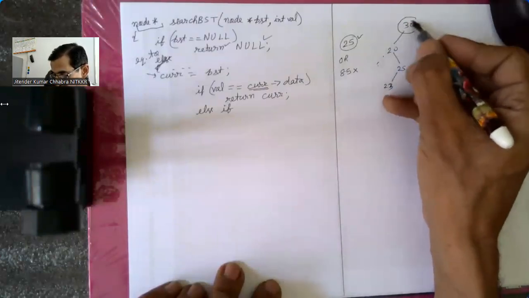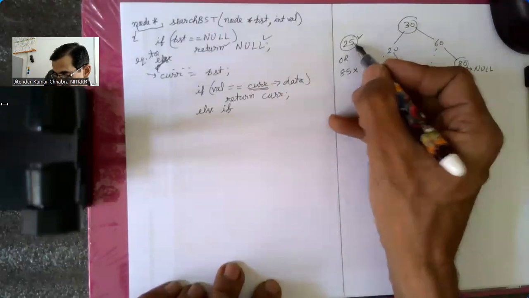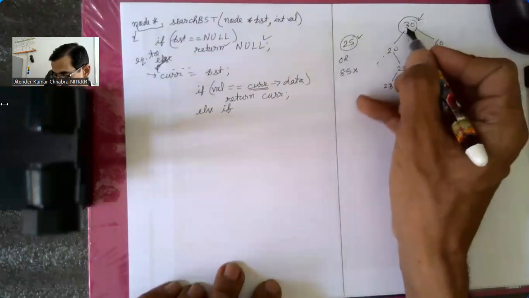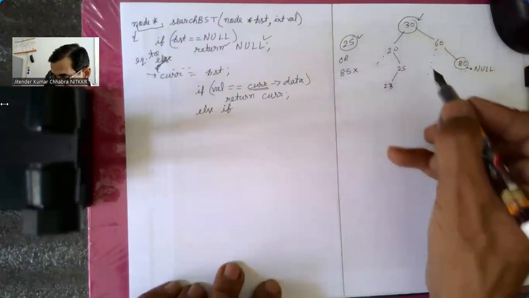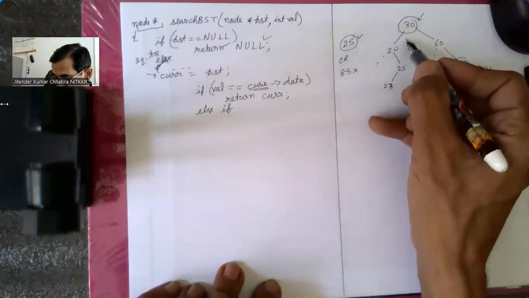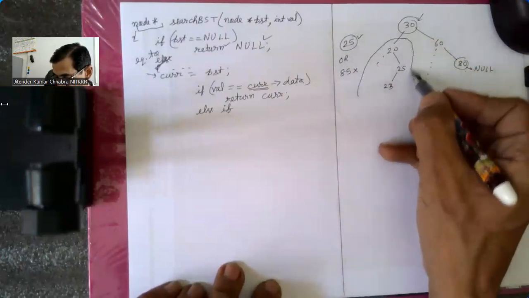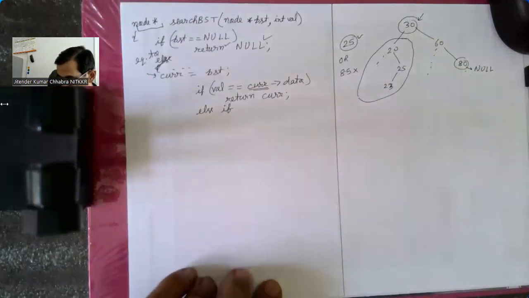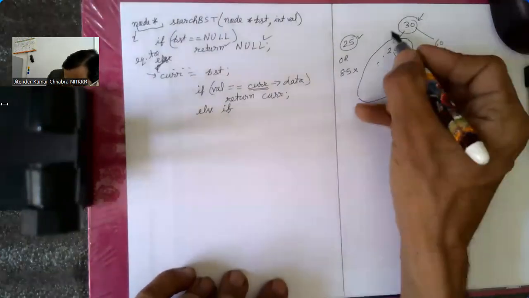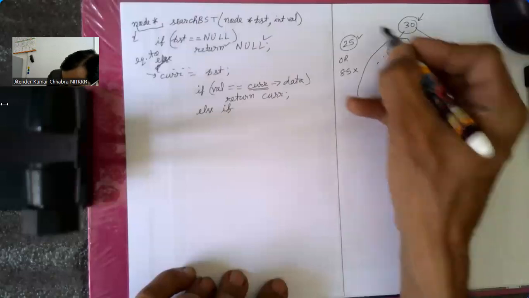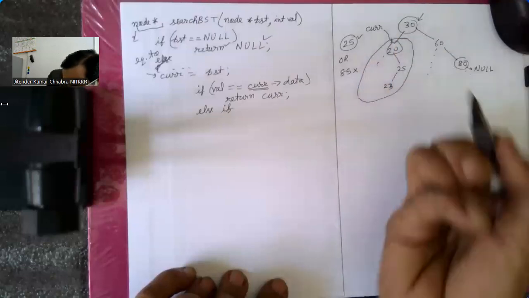Now, corresponding to comparison with 30, first of all, if 30 and 25 are not equal, then I can decide 25, if at all to be found, has to be searched in the left subtree. So recursion is visible. Without recursion, I don't have any problem. Let's bring your current node to the left side.